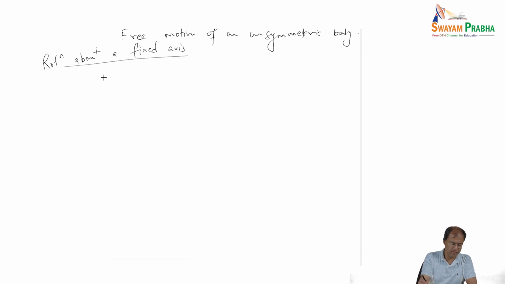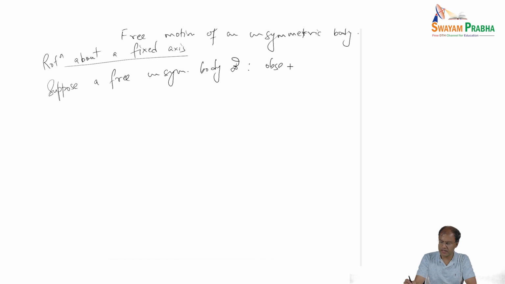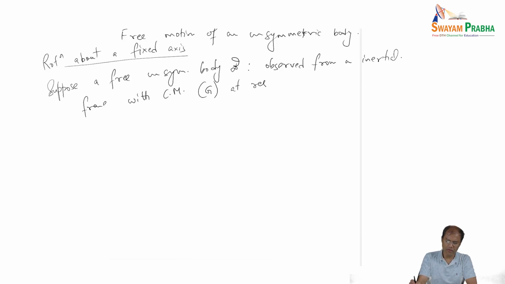Suppose we have a free unsymmetric body B, observed from an inertial frame with center of mass G at rest. So the question is, is it possible for the body to rotate about this axis?